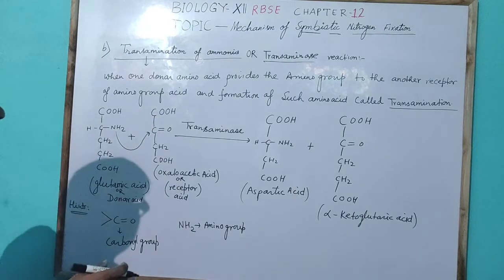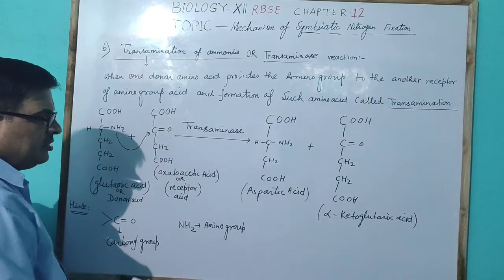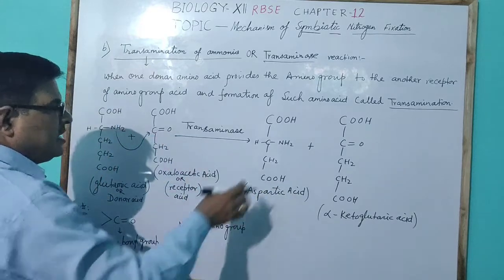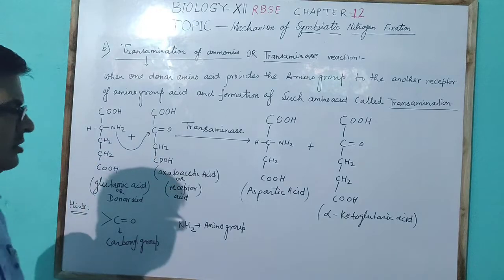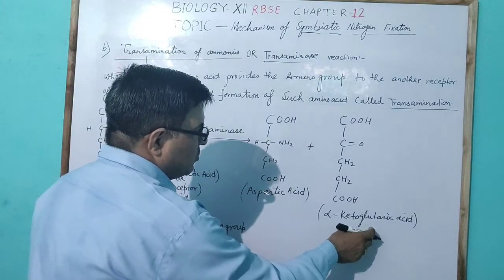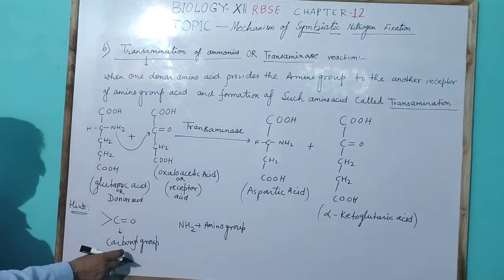In the presence of the enzyme transaminase, aspartic acid is formed, which contains an NH2 group at the alpha carbon. Another acid is produced, alpha ketoglutaric acid, which has a carbonyl group.